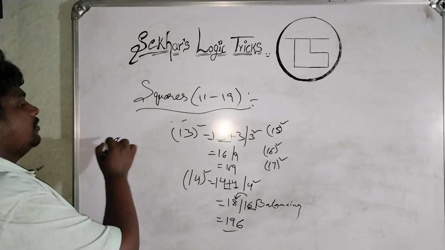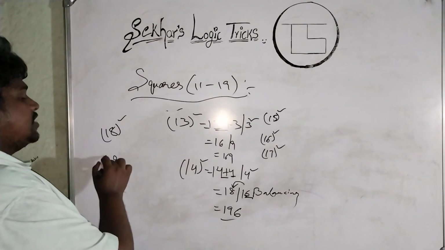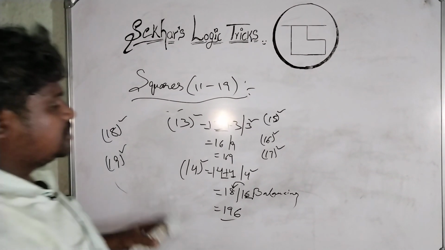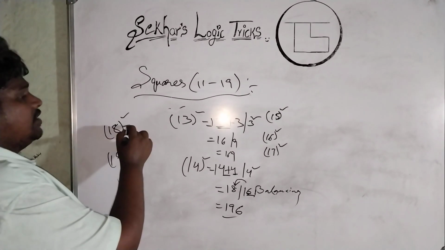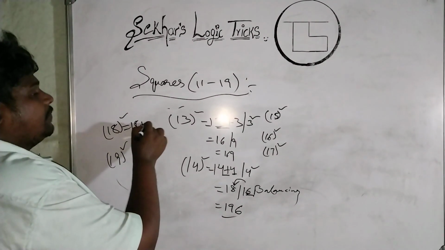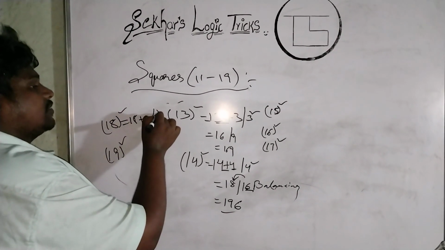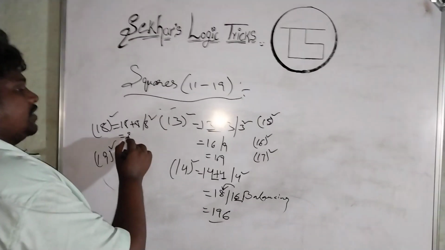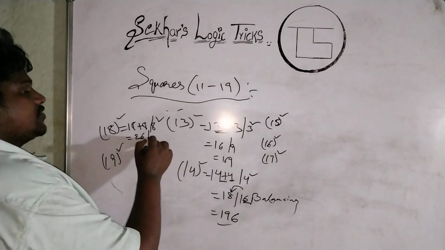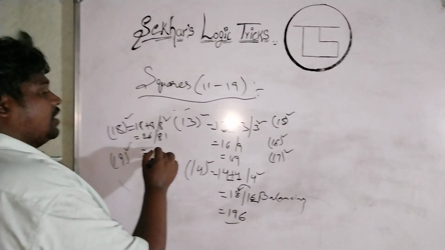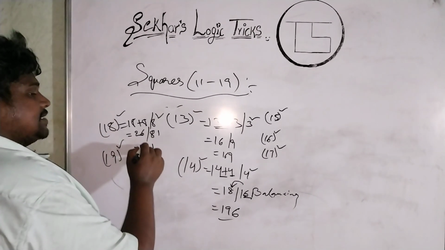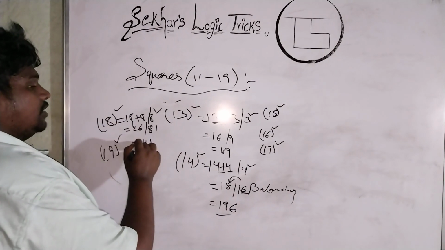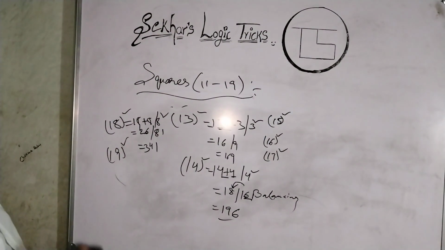I told you 18 square and 19 square in this video, please watch it. 18 square is nothing but 18 plus 8, slash, 8 square. 18 plus 8 is 26, 8 square is 64, so the answer is 324.